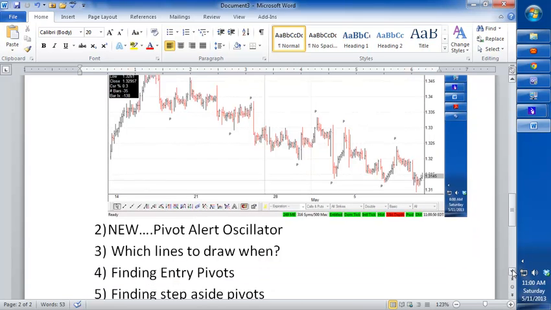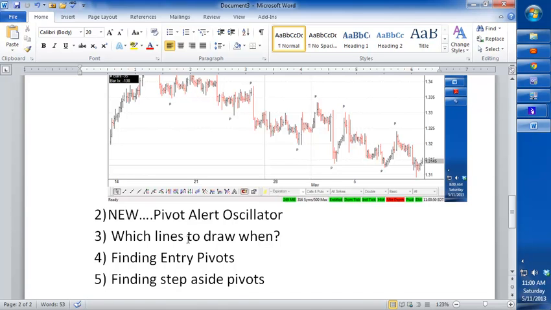So we'll cover which lines to draw when. We'll cover finding entry pivots, and what you're going to notice is that what I consider entry pivots all have pretty much similar things in common, where the step aside pivots have something in common too.